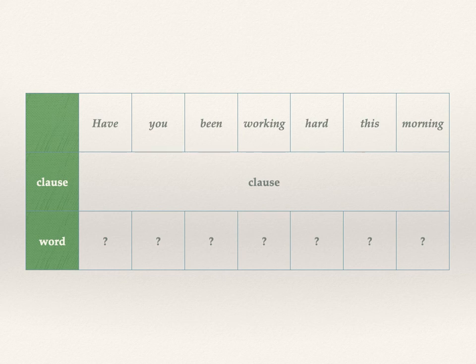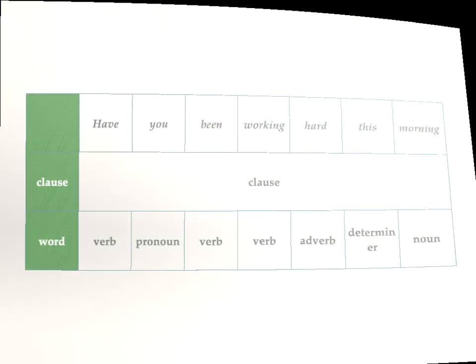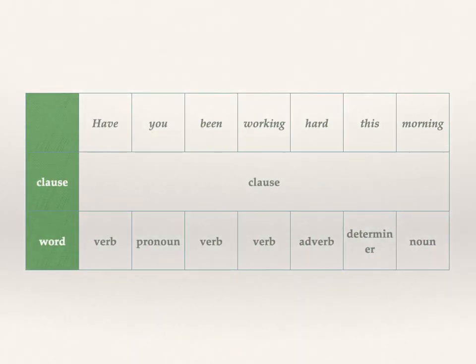Have you been working hard this morning? Or we can ask, what classes of words are there? And traditional grammar would have an answer. You would say verb, have verb, you pronoun, been verb, working verb, hard adverb, this determiner, morning noun.